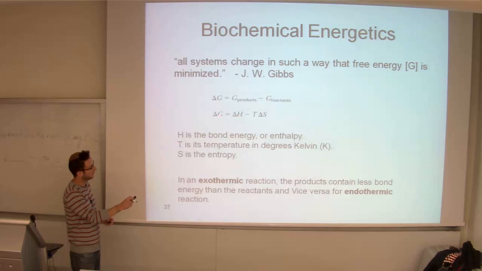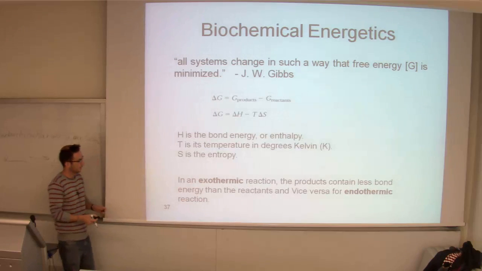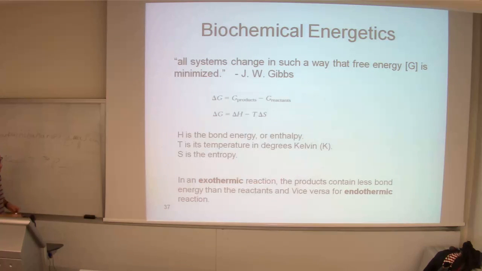So the delta G here is in direct relation to the delta H, the enthalpy. An exothermic reaction is a reaction in which the products have less bond energy than the reactants. So if the energy between the two sides of the chemical equation is like this, this is an exothermic reaction.